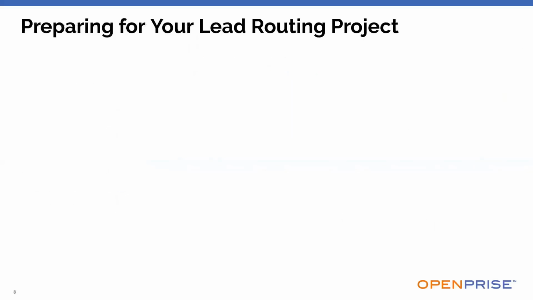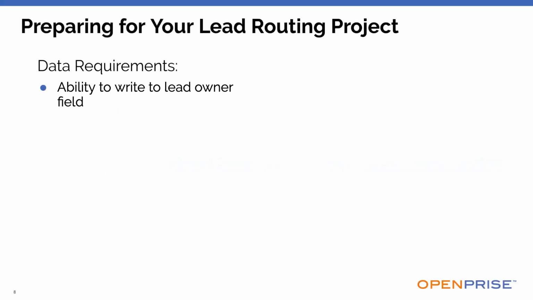To prepare to build your lead routing job, you'll have several data requirements and additional decisions to make. First, you'll need the ability to write to the lead owner field. If you can't write, you can't assign the leads. You'll also need the requirements for the territories from your sales leadership, so you can create your data source.